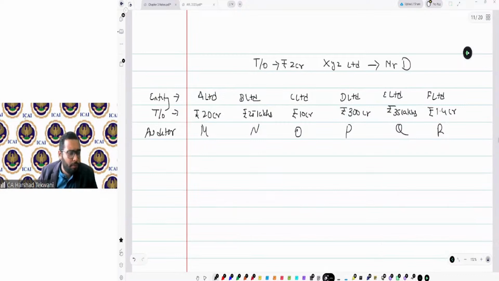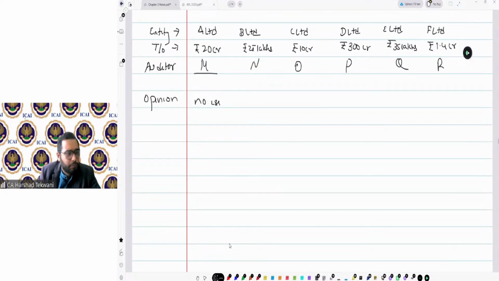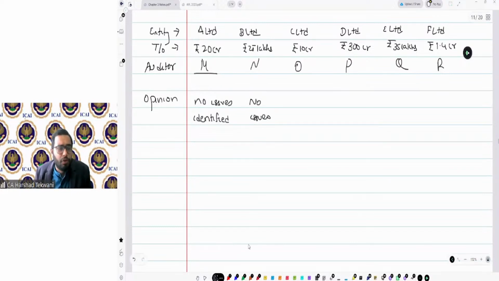Let's say that after auditing all these entities by their respective auditors, let's assume what opinion they issued. Mr. A issued an unmodified opinion, no issues identified. Same with B, no issues. C identified issues, observations identified.